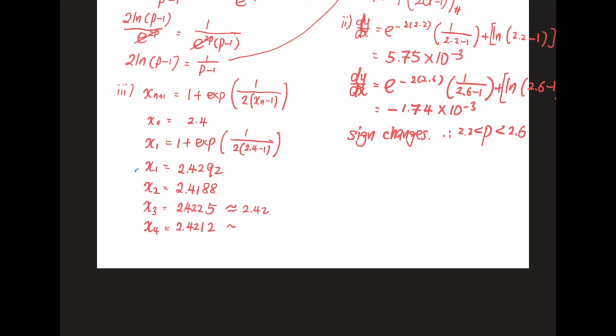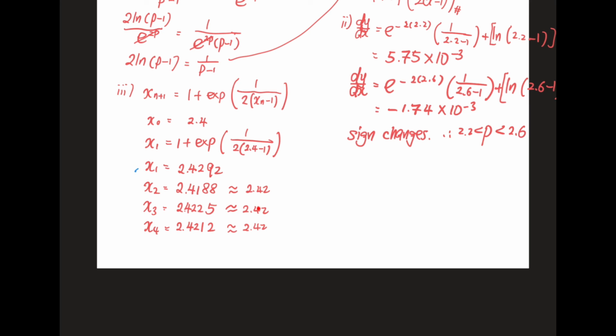If you round off this one, it is also 2.42. So then you can stop already. Even if you look at x2, it is already 2.42. So if you do until x2, x3 and the rounding to 2 decimal places is the same, it is time to stop.